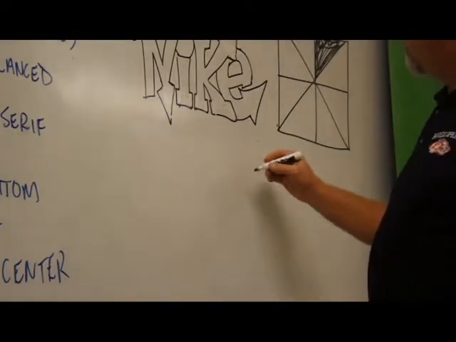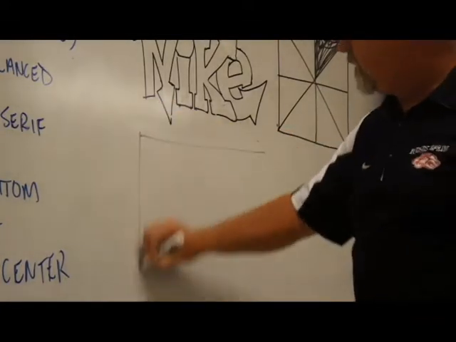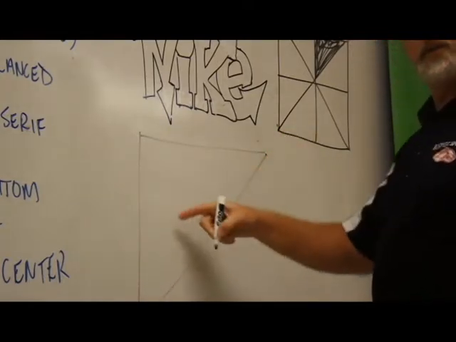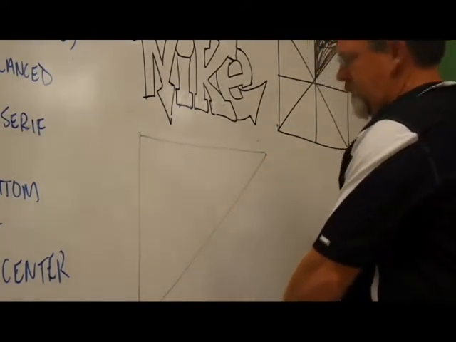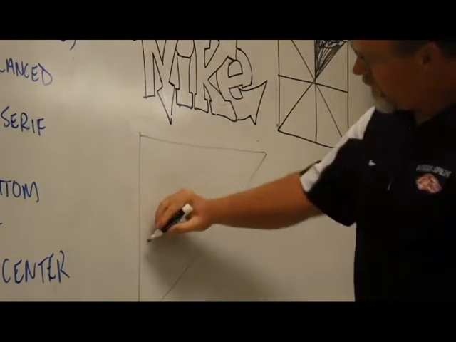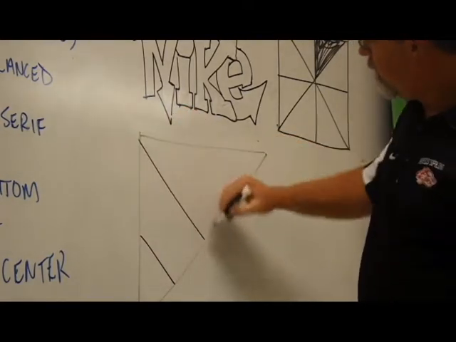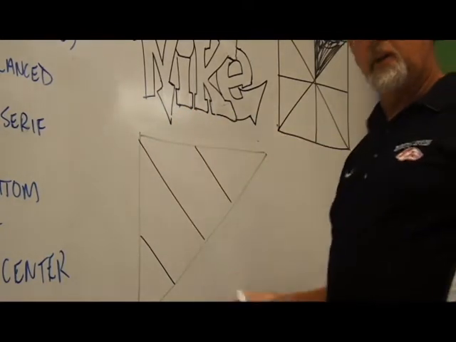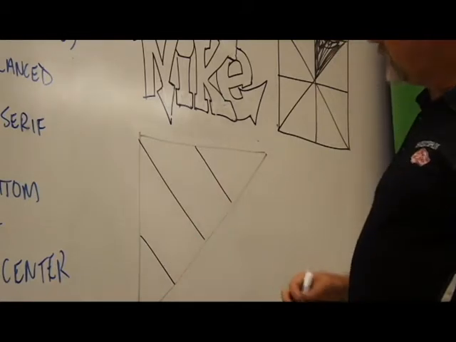Okay, to conform the Nike into the triangle, the first thing I'm going to do is divide it into 4 equal sections, allowing me to make sure that each letter gets its own shape.